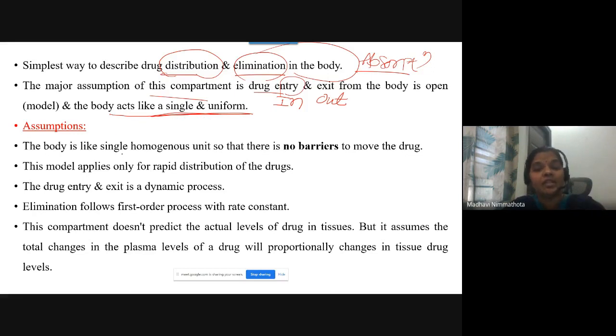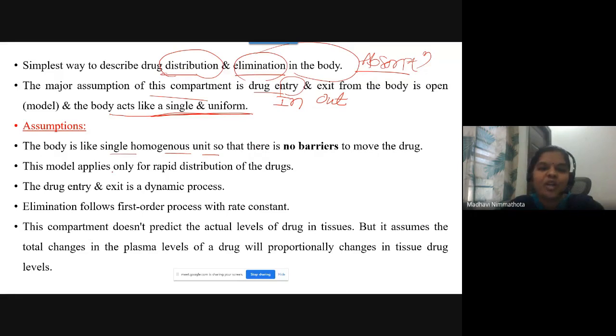And then this one compartmental analysis has the following assumptions. See, the body is like a single homogeneous unit. Then it doesn't have any barriers for the movement of the drug. You just assume that your body is like a single homogeneous unit, so that there are no barriers for the movement of the drug.